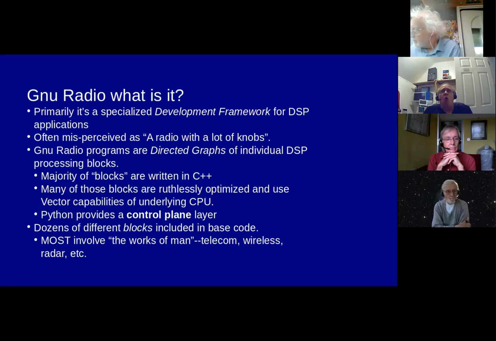So essentially, what is GNU Radio? Primarily, it's a highly specialized development framework for digital signal processing applications, mostly in the radio space, but GNU Radio itself doesn't really know that it's connected to radios. It's actually been used for sonar. It's been used for high-speed sampling of mechanical vibration sensors in a steel mill, for example.